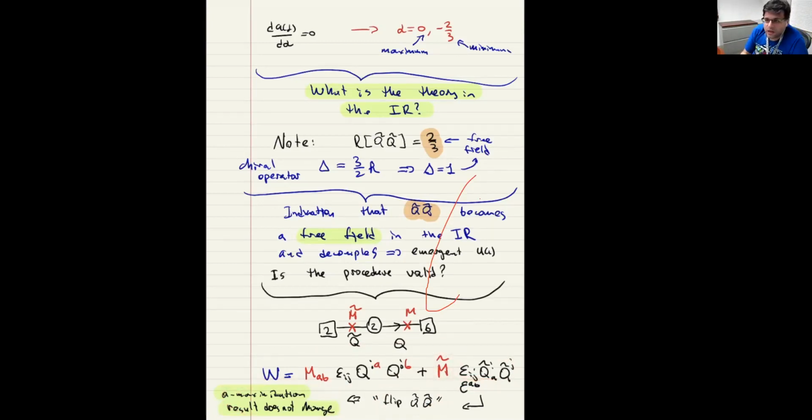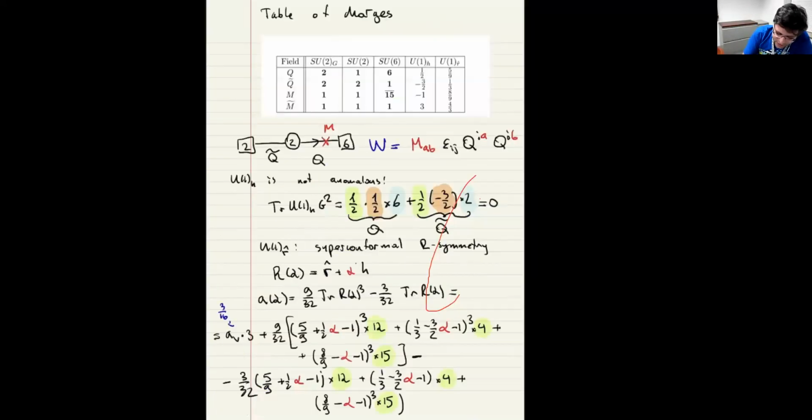And what will happen if you do that is that the assignment of our charges, which are given here, does not change. Although we have this accidental U1, it still doesn't mix with the superconformal R symmetry. In fact, the reason is that even without adding it, it doesn't really violate the unitarity bound.